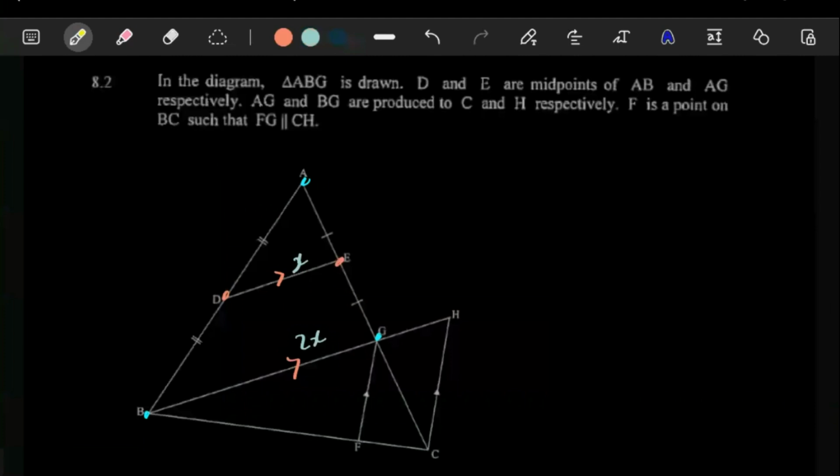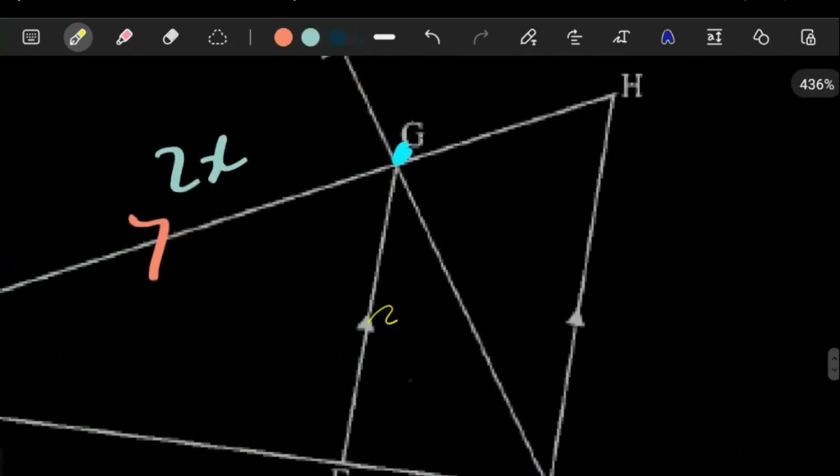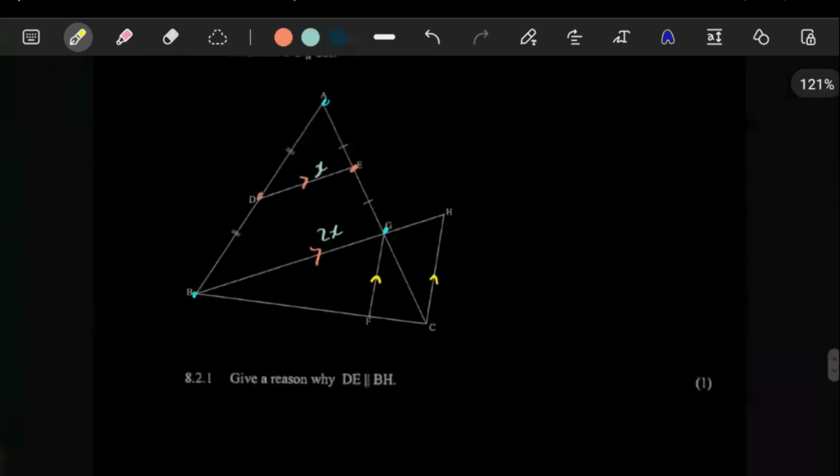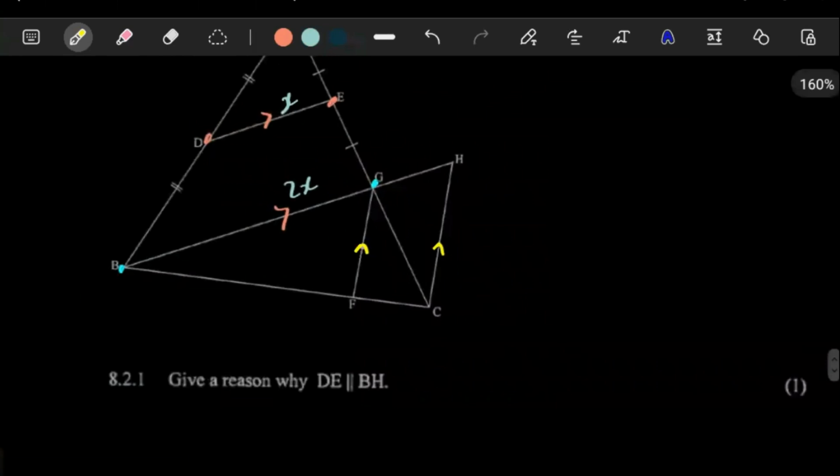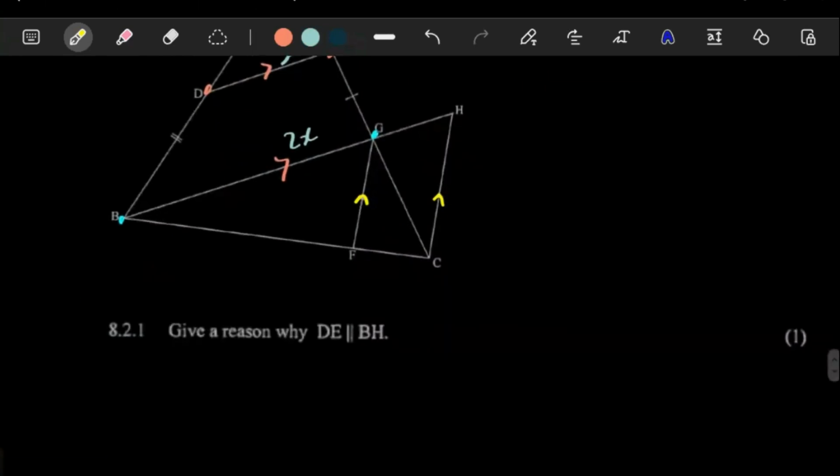Seems like we're going to have a lot of proportionality theorem stuff here. But it says give a reason why DE is parallel to BH. So the reason is just midpoint theorem. Midpoint theorem.